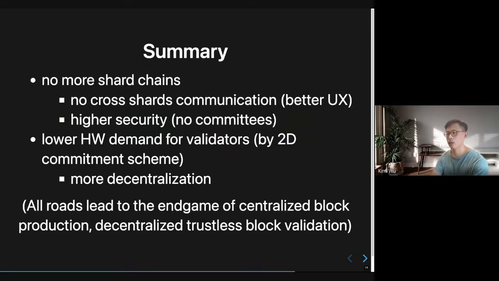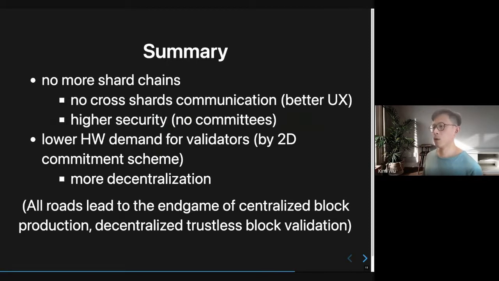And let's have a summary here. Through Danksharding, there are no more shard chains, which means there's no cross-shard communication anymore. We can have better UX. And there's higher security, because all the validators validate one single block, you don't need to separate into different committees.